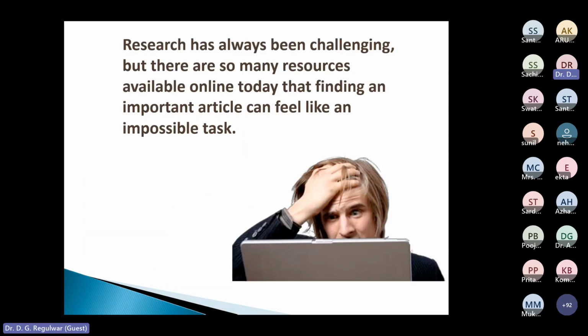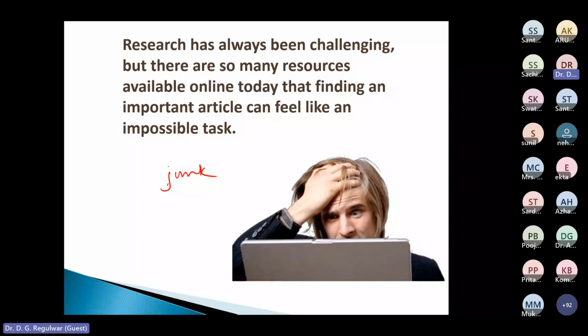Okay. So research has always been challenging, but there are so many resources available online that finding an important article can feel like an impossible task. That is what I told you, it is a junk.